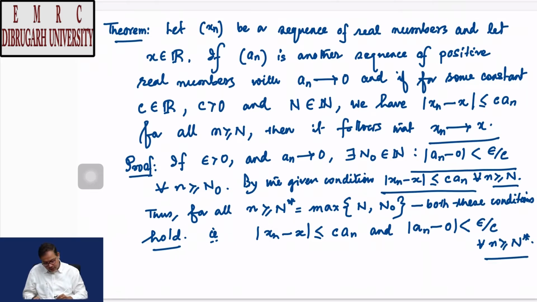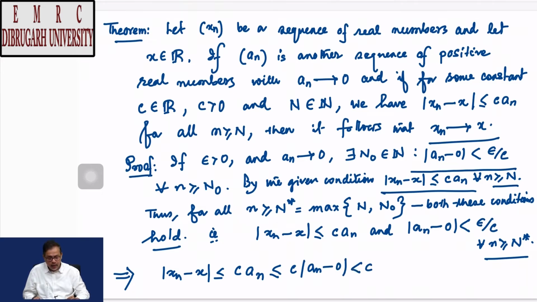Combining these two conditions, what we have: |xn minus x| is less than or equal to C an, which is less than or equal to C times |an minus 0|, which is less than C into epsilon by C, and that is equal to epsilon.